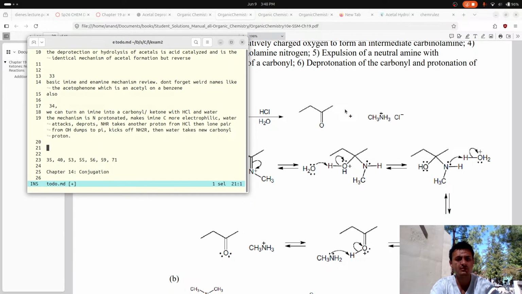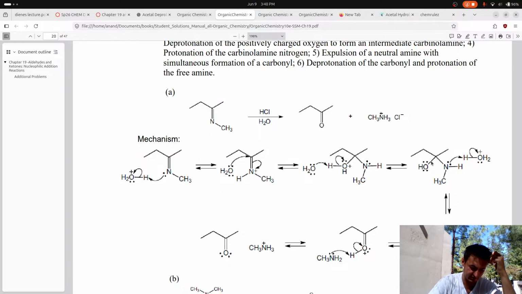So that's that. Now, enamine plus HCl and H2O. Let me see if I can predict now, because I'm guessing it's going to be similar.